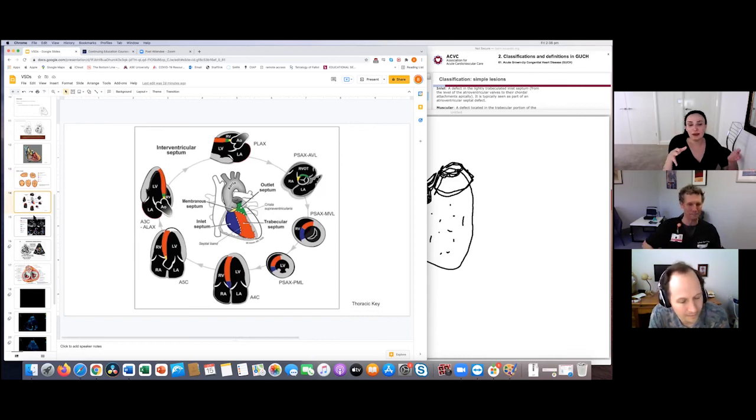Even if you understand the anatomy and the embryology of how they formed and where they are, once you convert that into echo views, it's still quite hard. It's like you're fanning through a 3-dimensional structure, and if you're going a few millimeters this way or that way, then you might not have it in that view. You might have a slightly different view, and then it becomes a different part of the septum altogether.